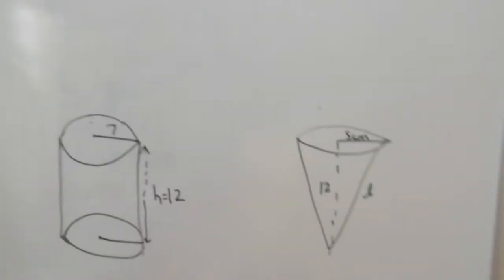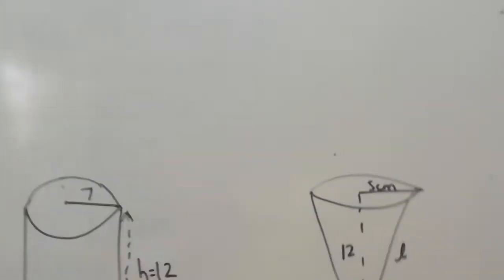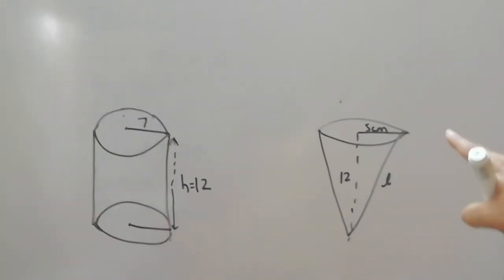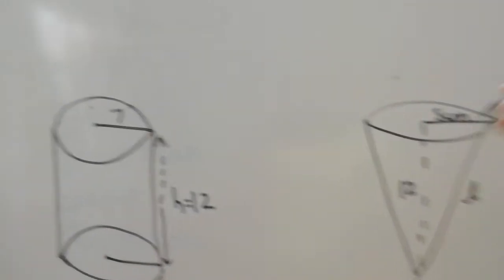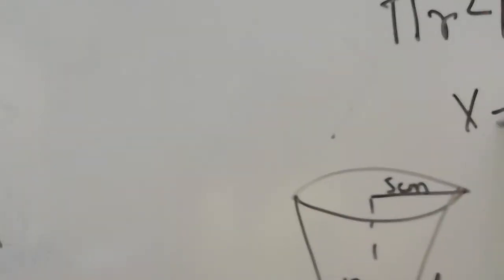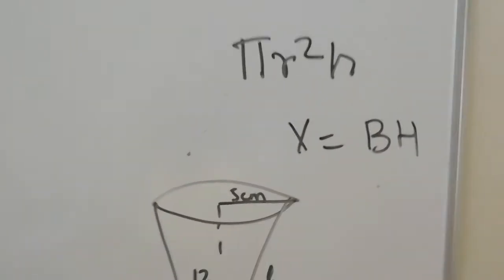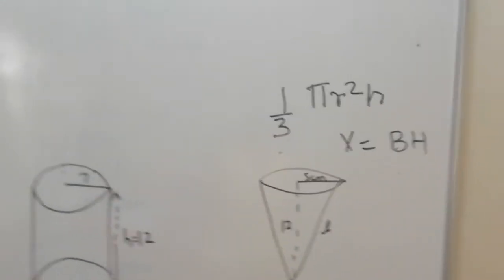Okay, now a very interesting fact you will learn over here is the volume of a cone. What is the volume of a cone? This is a cone, right? A cone also has a circle as its base shape. So it is pi r square h. So the volume of a cone is also BH, right? B is pi r square, times h, but it will be 1/3 of the cylinder.